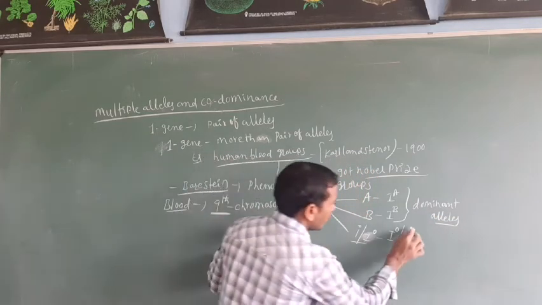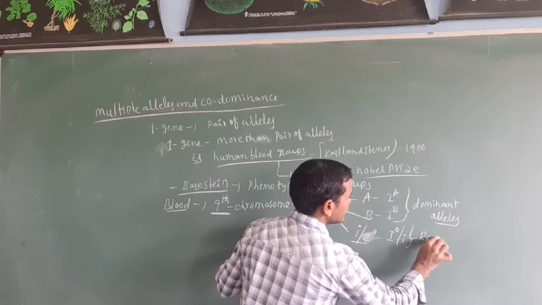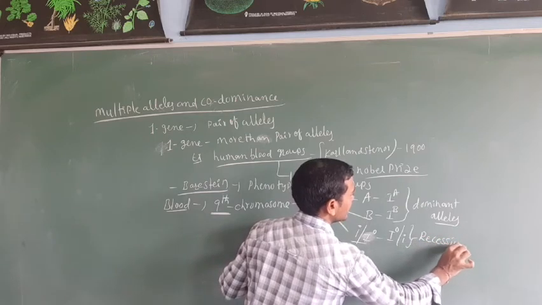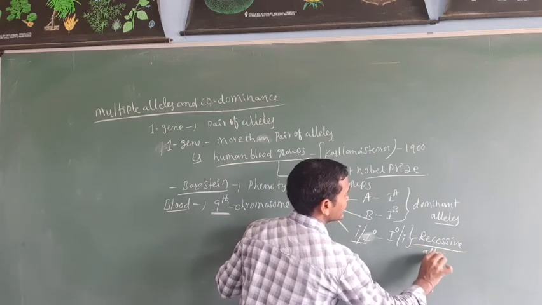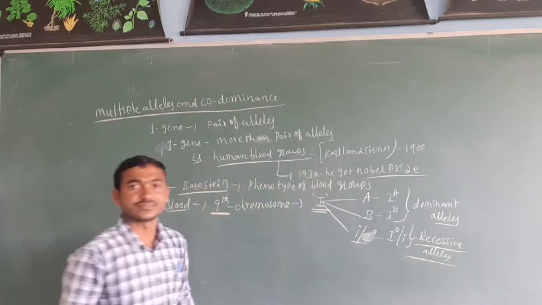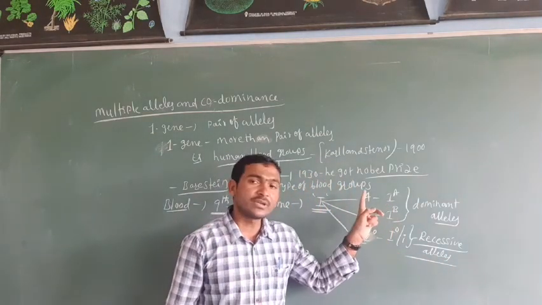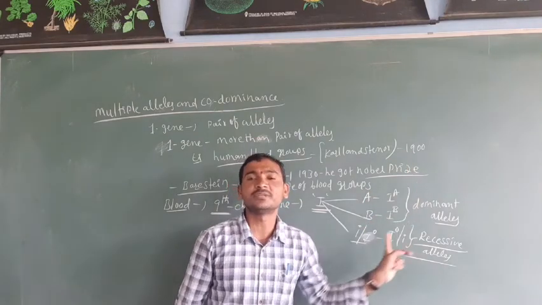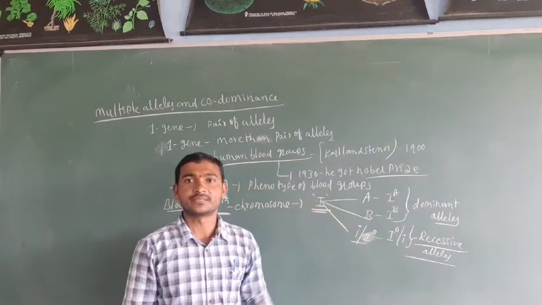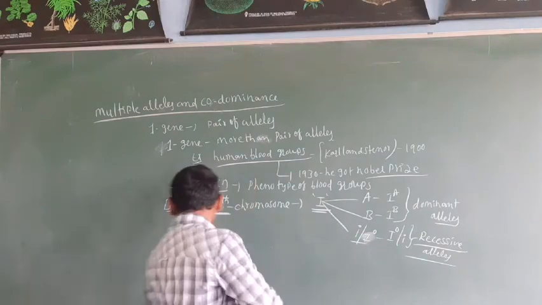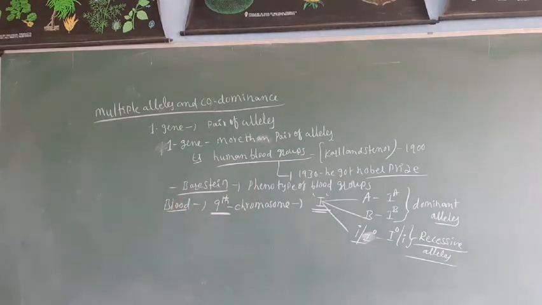If O is there, that is the recessive allele. If both I A and I O are there, we consider only A, and we do not consider O.